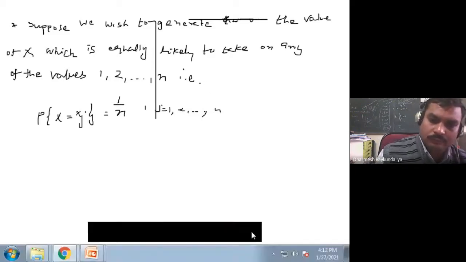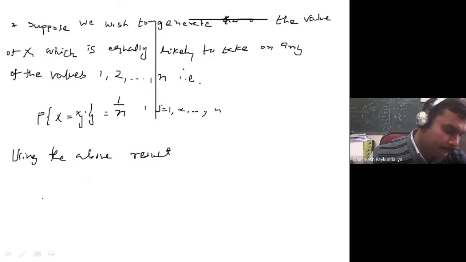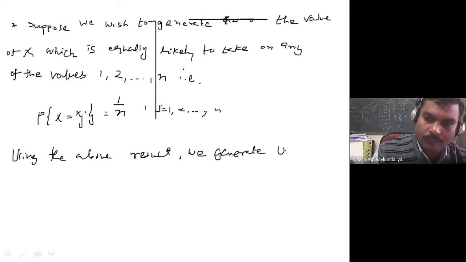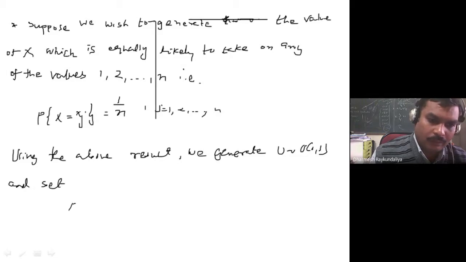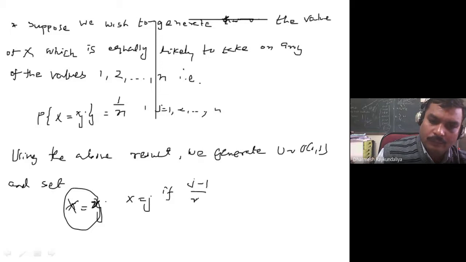So how to generate? Using the above result, we generate U, a uniform random number, and set x equal to xj, that is, set x equal to j, if (j minus 1) upon n is less than u less than j upon n.